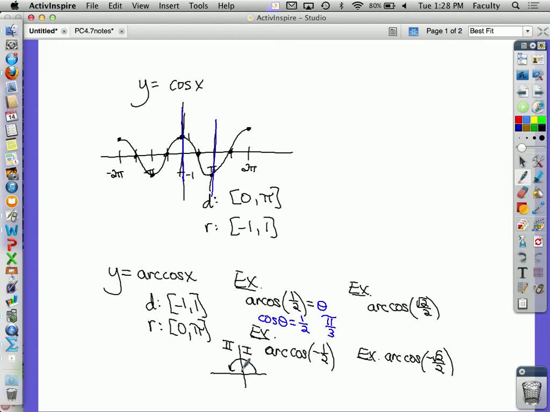Good job. It's in the second quadrant because the outputs are 0 to pi. So it's 2 pi over 3. Arc cosine radical 2 over 2, isn't that pi over 4? And then arc cosine negative radical 2 over 2 is 3 pi over 4. Okay?